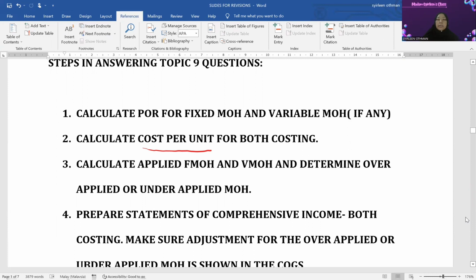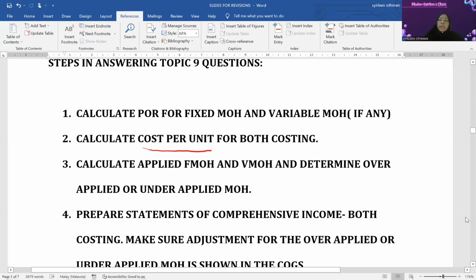When you have the over apply or under apply MOH, you need to use this figure to adjust your COGS to get the adjusted cost of goods sold. The applied fixed and variable MOH, you need to combine both for absorption costing. And for marginal, you only do the adjustments for variable manufacturing overhead only.